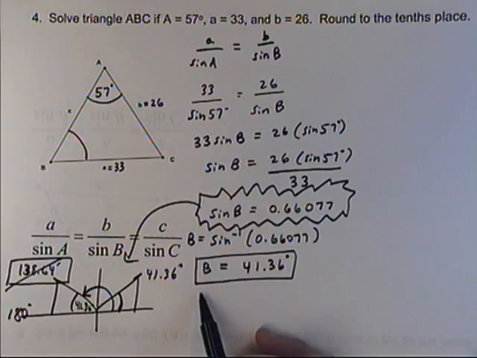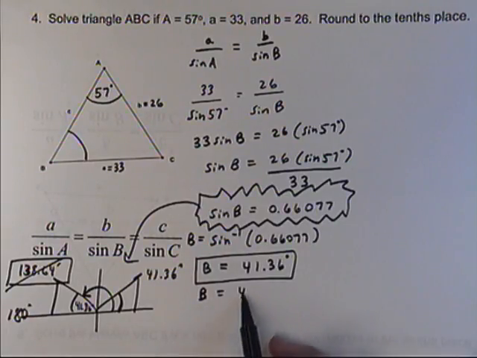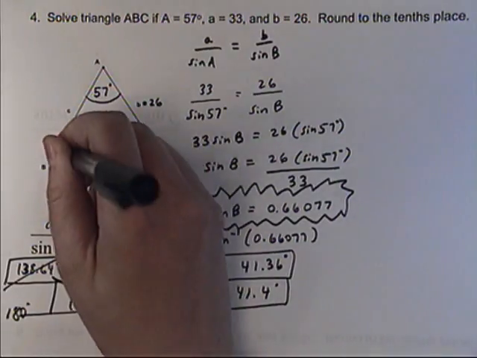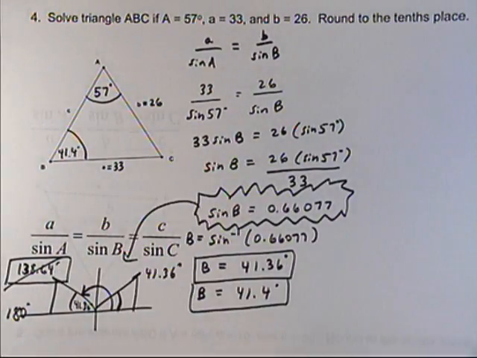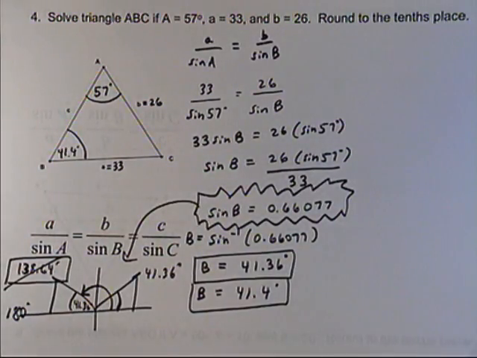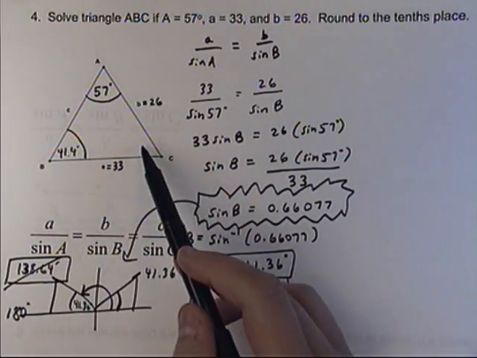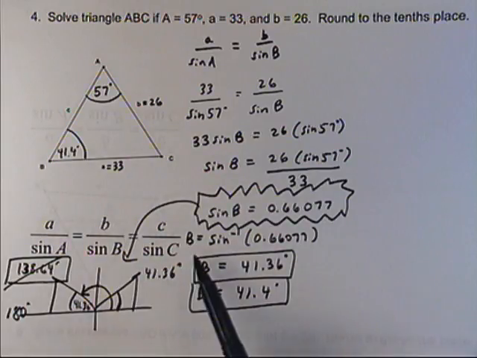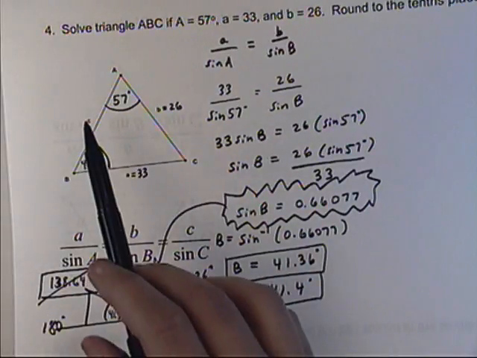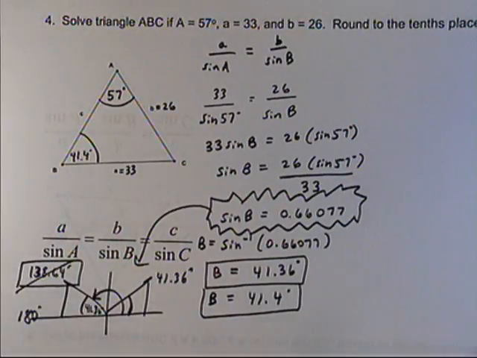Now we're supposed to round off to the nearest tenths place, so here we go, 41.4 degrees. Make them happy. So that's how you find the first step. The rest of this is all just adding these three up to be 180 to find angle C, and then using your sine values, sine ratios to find side C. And that's how you do that one.